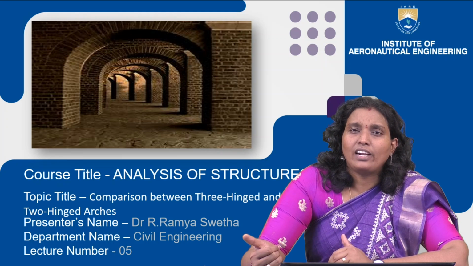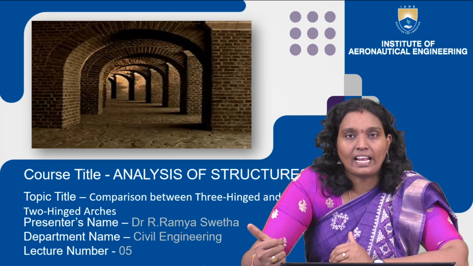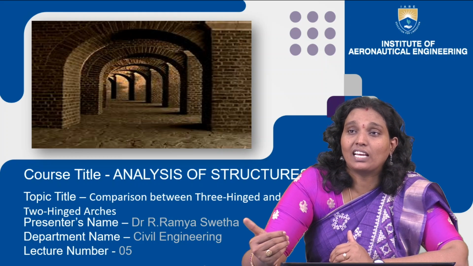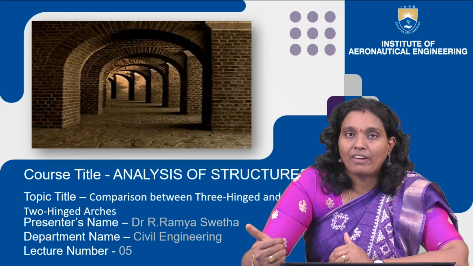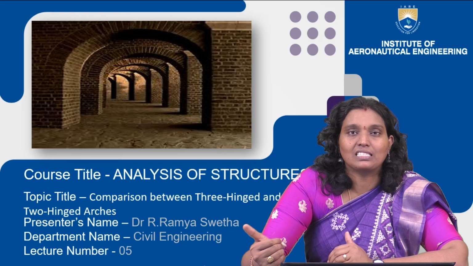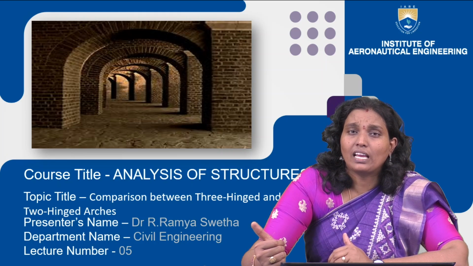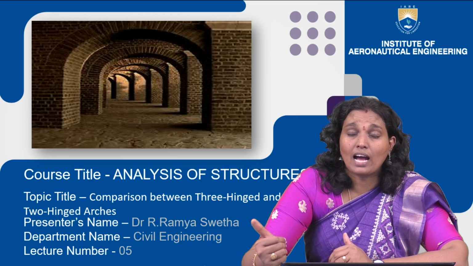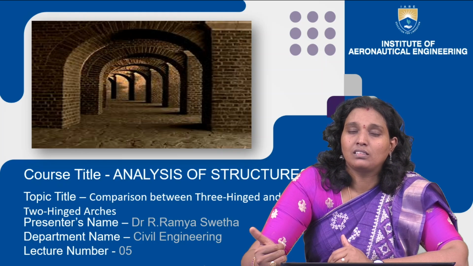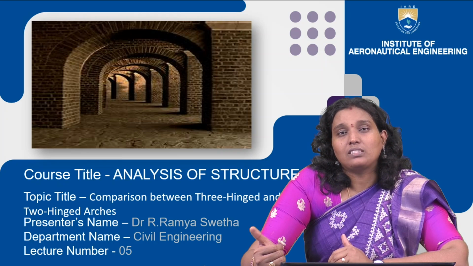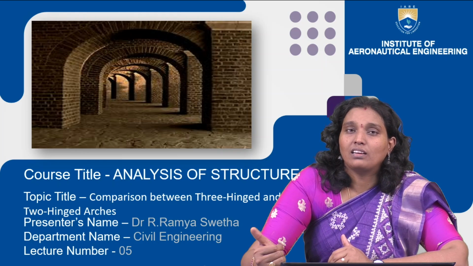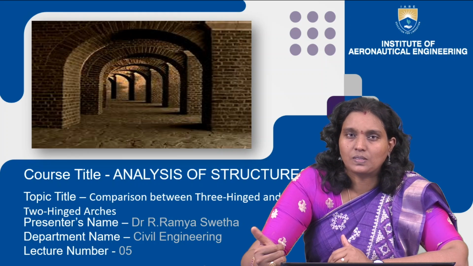We understand how we analyze based on the vertical reactions, how we find those vertical reactions as well as the horizontal reactions, and the moments at any point of the particular arch. These are all parameters we observed in our previous lectures.